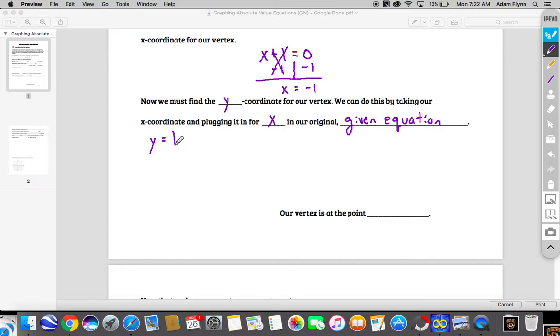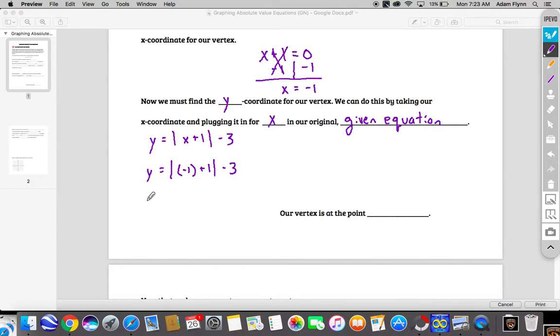We've got y equals the absolute value of x plus 1 minus 3. I know that my x-coordinate for my vertex will be negative 1, so I'm going to plug that in for x right here. So when I do that, I get y equals the absolute value of negative 1 plus 1 minus 3.